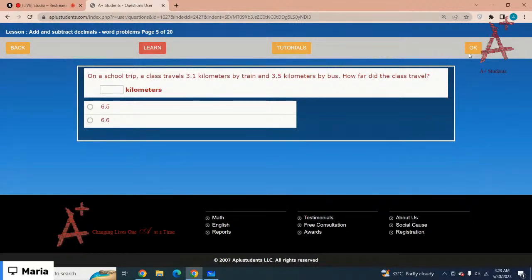Okay, on a school trip, a class travels 3.1 kilometers by train and 3.5 kilometers by bus. How far did the class travel? You have to calculate the total distance. Got it?